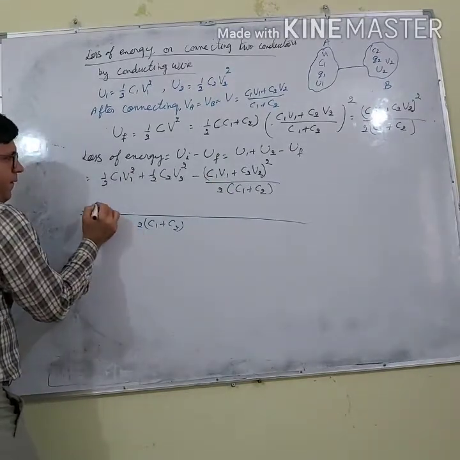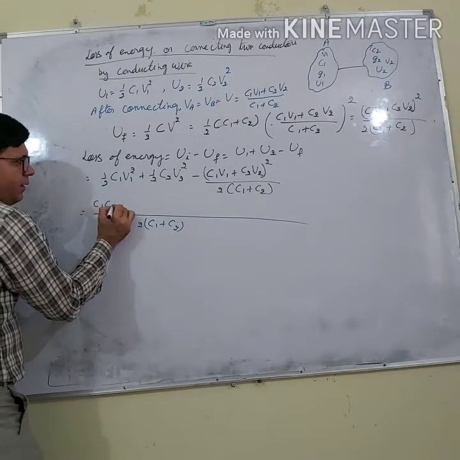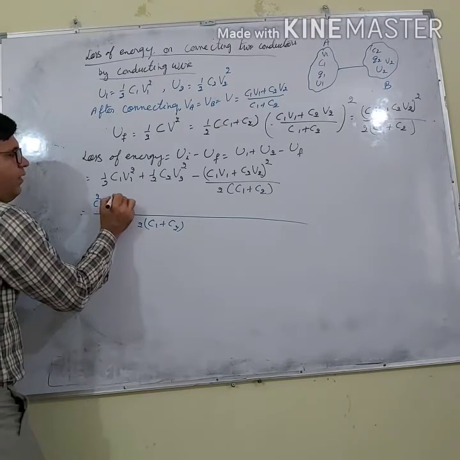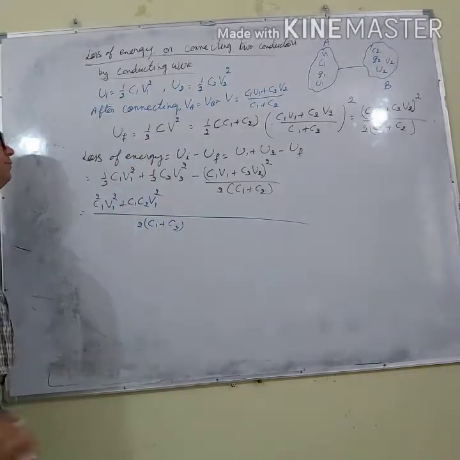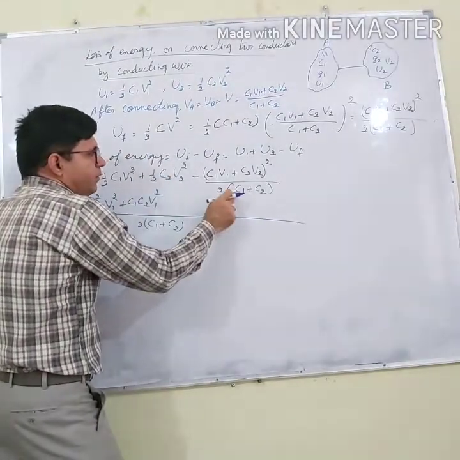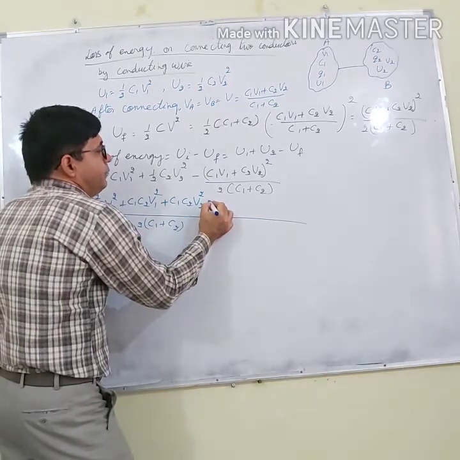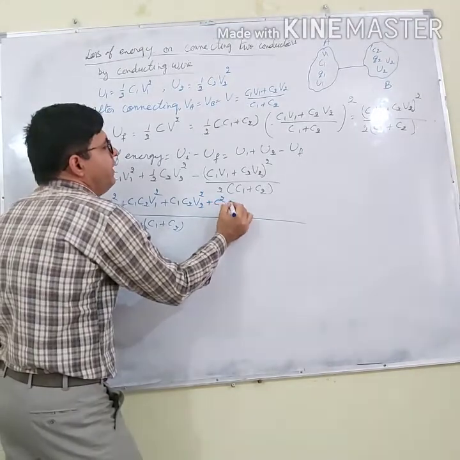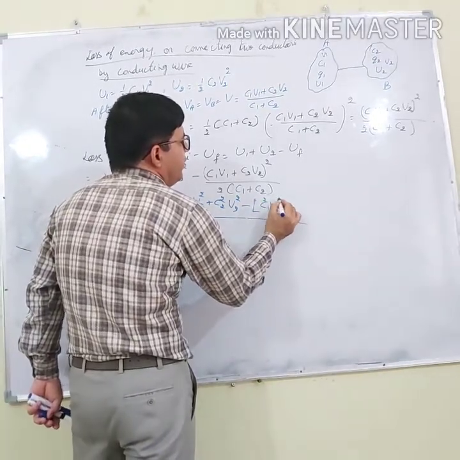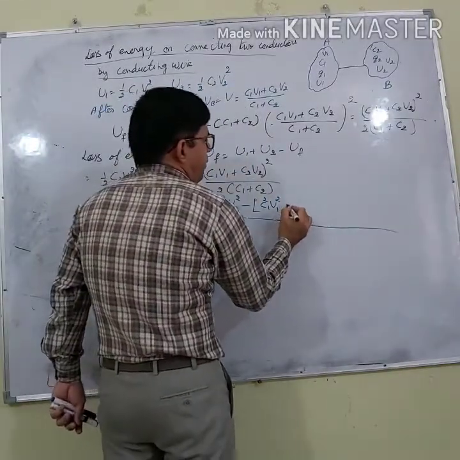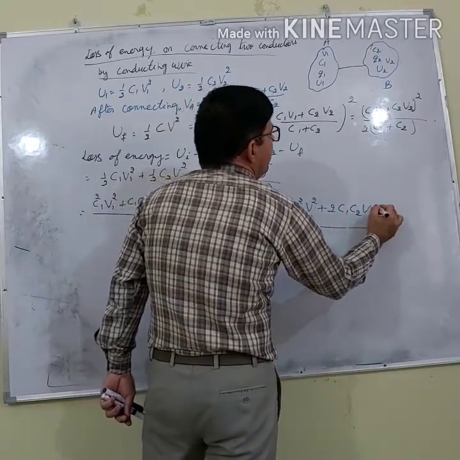Let me multiply (C1 plus C2) with C1 V1 square: C1 square V1 square plus C1 C2 V1 square. Then for the second term, C1 C2 V2 square plus C2 square V2 square, minus, let me open the square, C1 square V1 square plus C2 square V2 square plus 2 C1 C2 V1 V2.